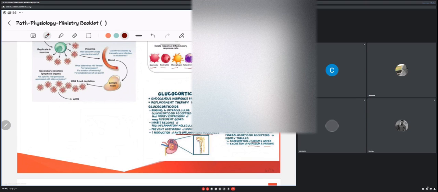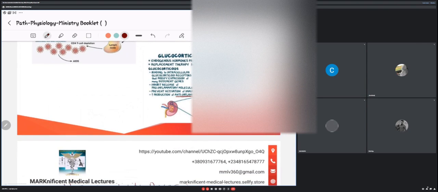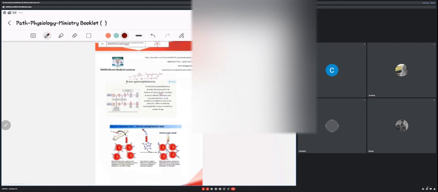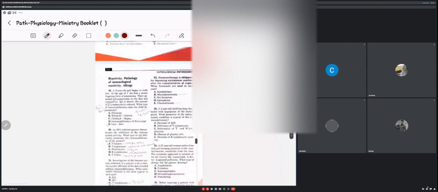Mineralocorticoid is just all about ions being moved in and out, being secreted or reabsorbed. Sodium and water are reabsorbed. Potassium and protons are secreted. All right. That's 22.